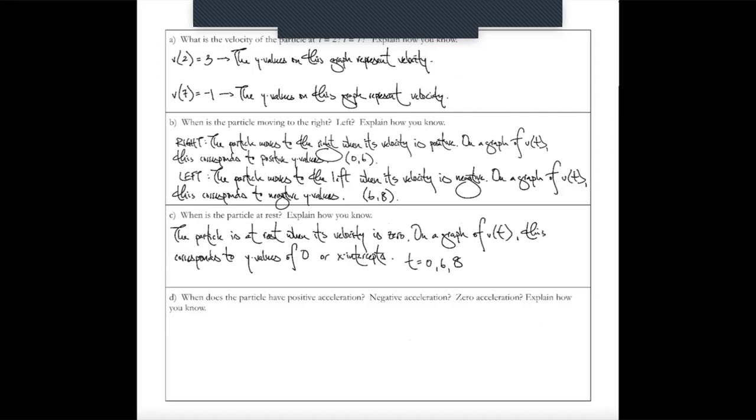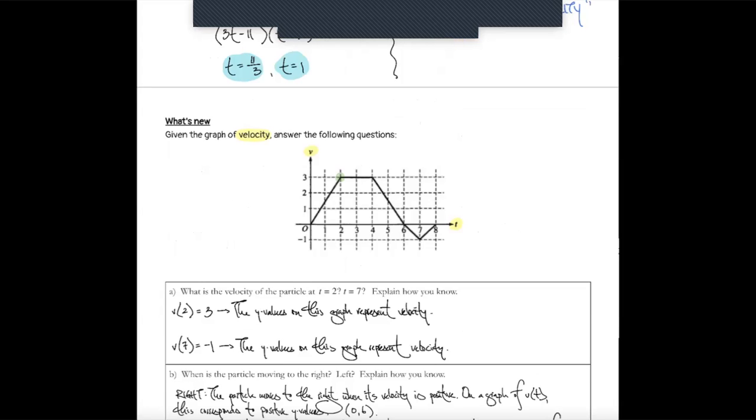All right, we have one last question with this section. Then I think it'll be a good time to take a break. When does the particle have positive acceleration, negative acceleration, and 0 acceleration? All right. And I think this was kind of hinted at earlier with Alberto's comment. All right, but if we have a graph of velocity, how in the world do we find information about acceleration? Exactly, exactly. All right.